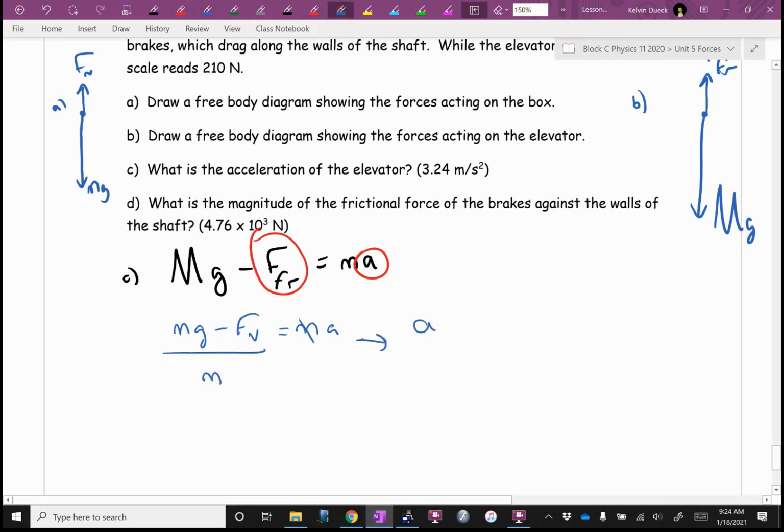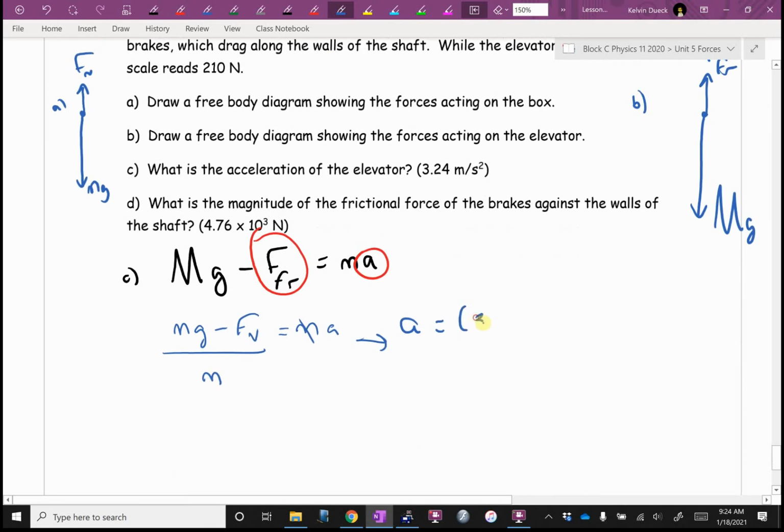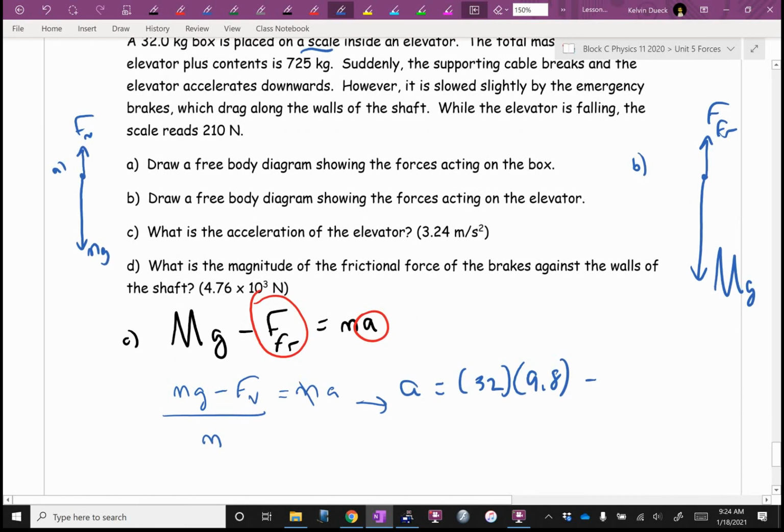The acceleration is going to be m, 32, g 9.8 minus, I don't know the normal force, or do I?